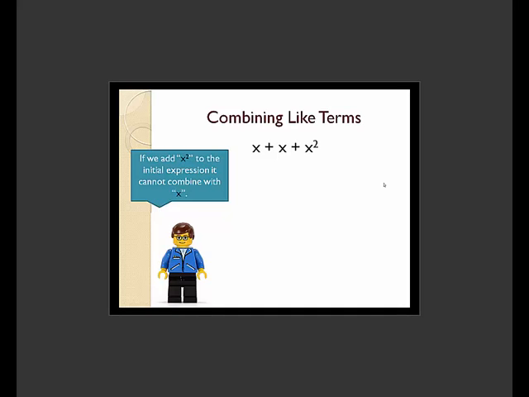If we add x to the second power to the initial expression, it cannot combine with the x. Oh, okay. So if I try this one, these x's will combine because they're like terms, but we can't combine it with the x squared. Now I used the commutative property of addition right here. I put the 2x in the back and the x squared in the front. We can switch the order of these if we want to.